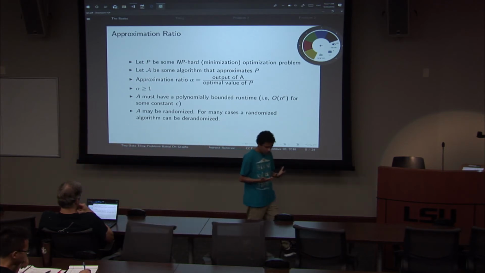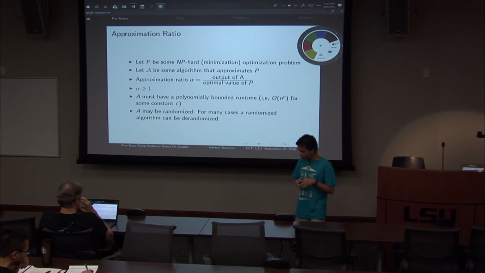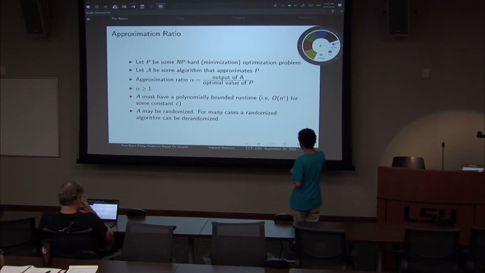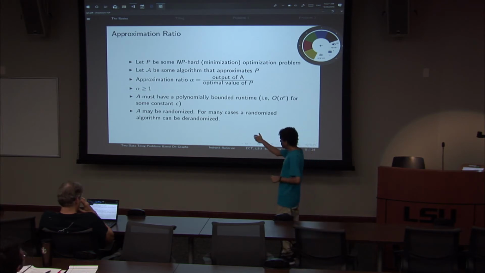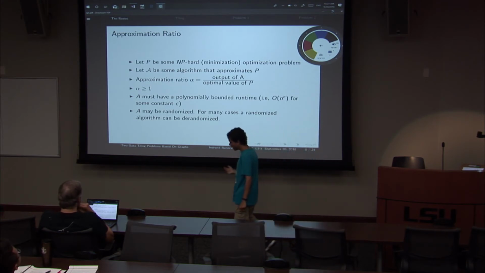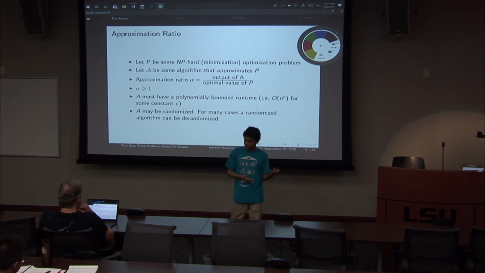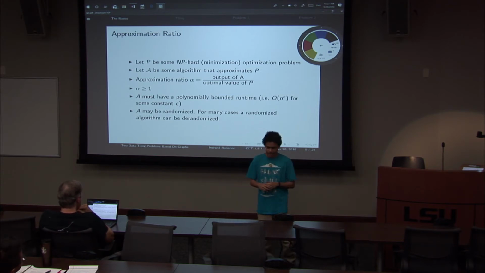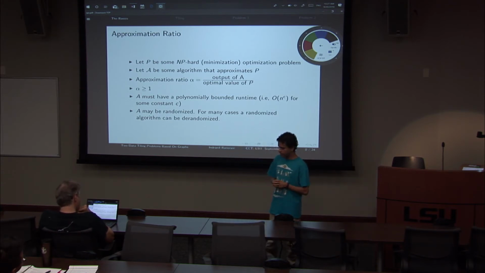For minimization, it will obviously be greater than 1. And we have some constraints. First, A must run in polynomial time, because we really don't care about exponential algorithms. Then we can probably solve it exactly. We do allow it to be randomized, so the algorithm can make random choices. It's an open question whether randomization helps.